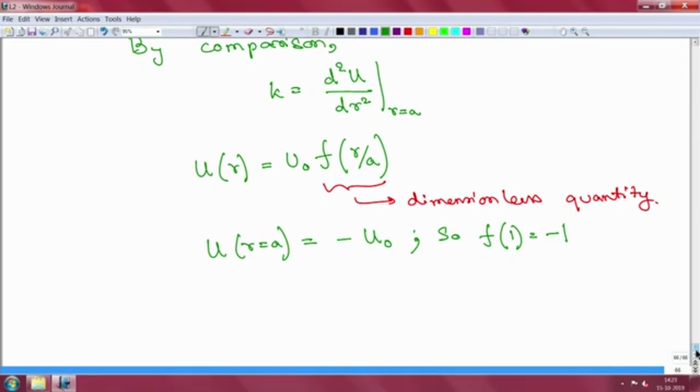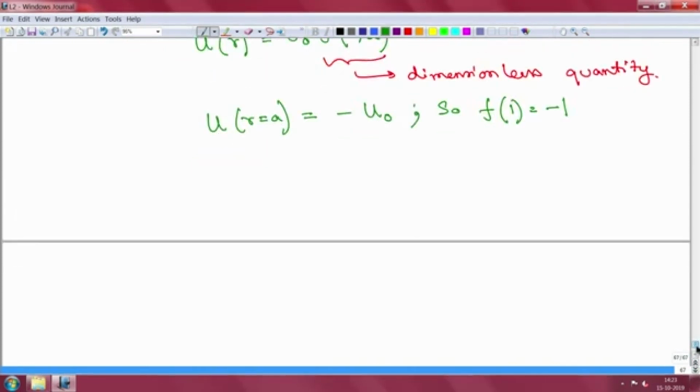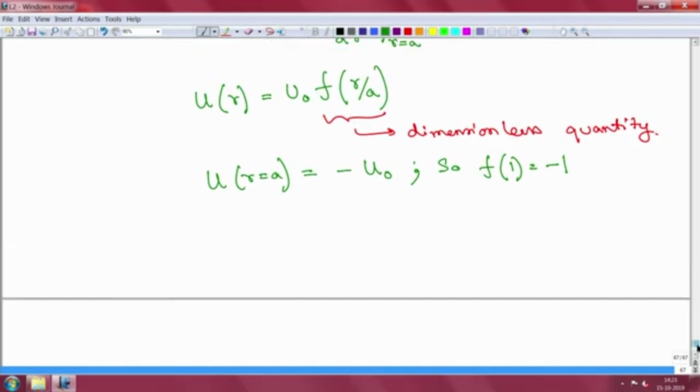Okay. So, now if you take that particular form, U naught is representative of some kind of energy here, right. So, U naught is the quantity where all the energy has gone in.